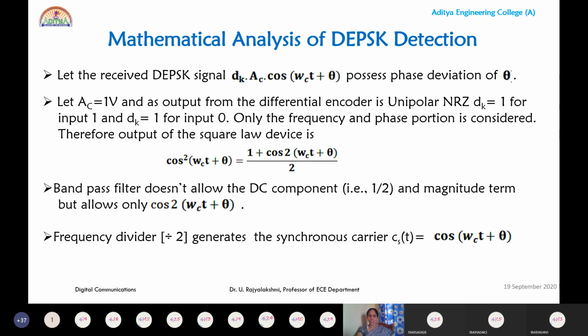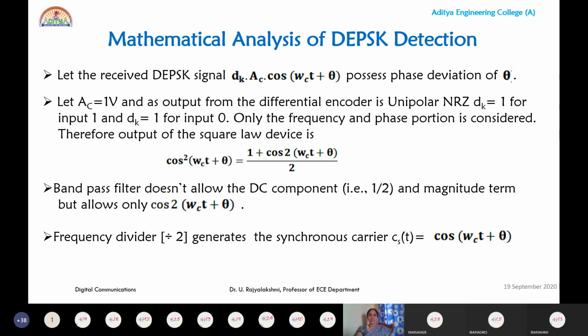Being unipolar, its value is 1, because for any XOR gate, the output is 1 for different inputs and 0 for the same inputs. So it has only two levels, 1 and 0. So what is dk and what is the input?